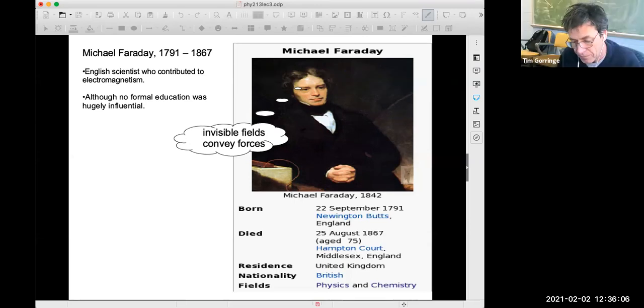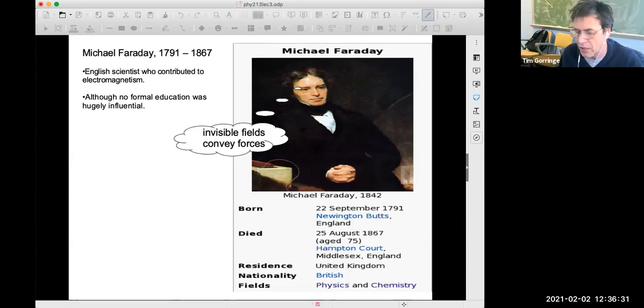18th century. And he came up with the thought that the electrical force between electrical charges and also the gravitational force between masses are actually transmitted or carried by quantities called fields.